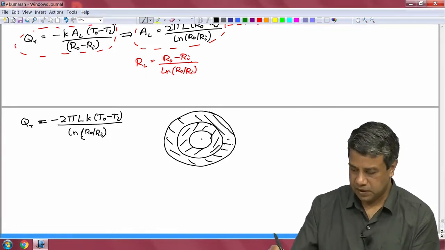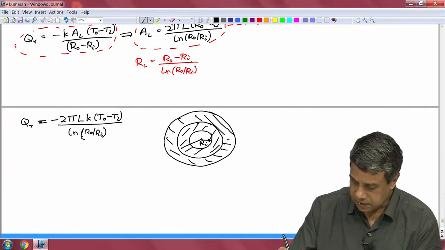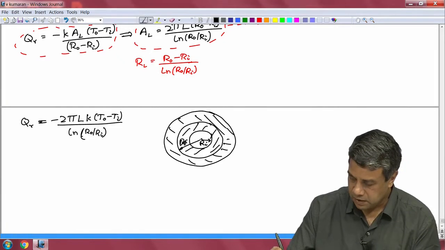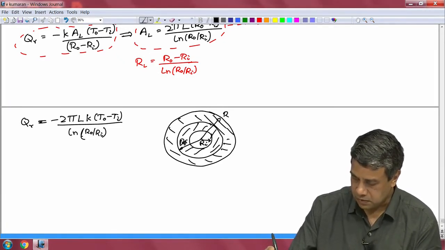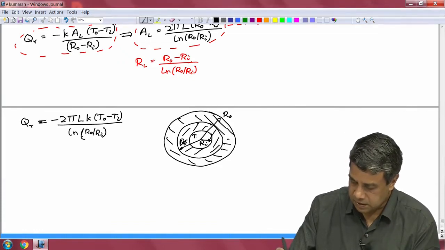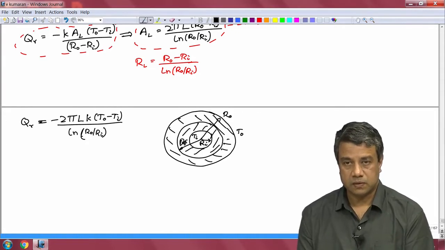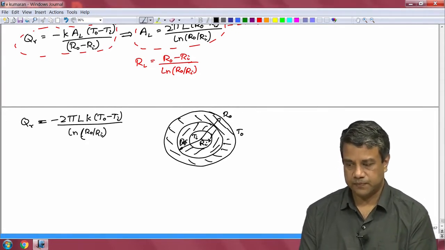Inner radius Ri, interface radius Rf, and outer radius Ro. And I specify the temperature inside and the temperature outside, and I want to find out what is the heat flux.